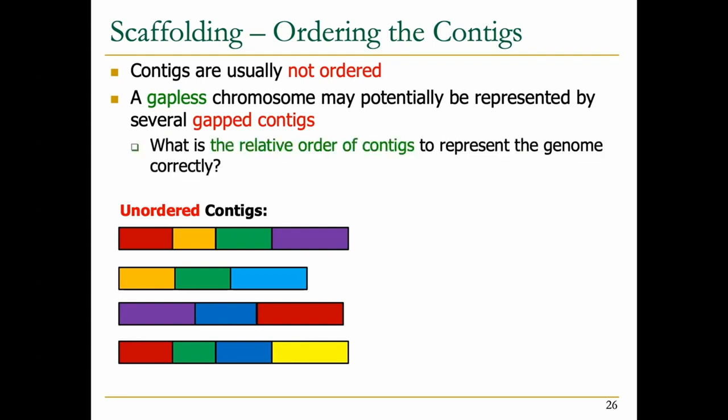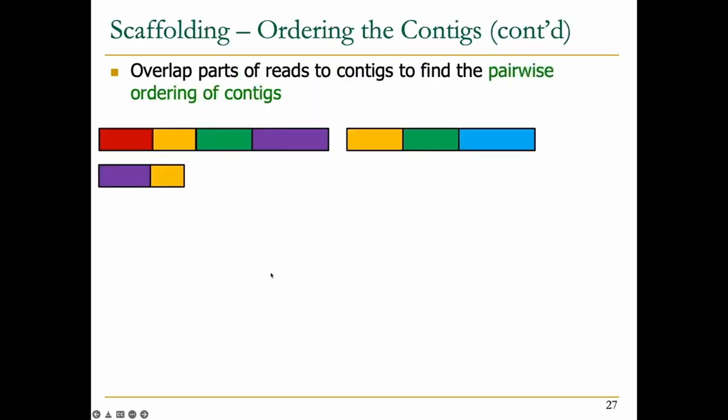The question is, what is the relative order of contigs to represent the genome or the chromosome correctly? This is what scaffolding is answering. Here you can see that these are unordered contigs, and we want to identify the order between them. What we do is overlap parts of reads to contigs to find the pairwise ordering of contigs.